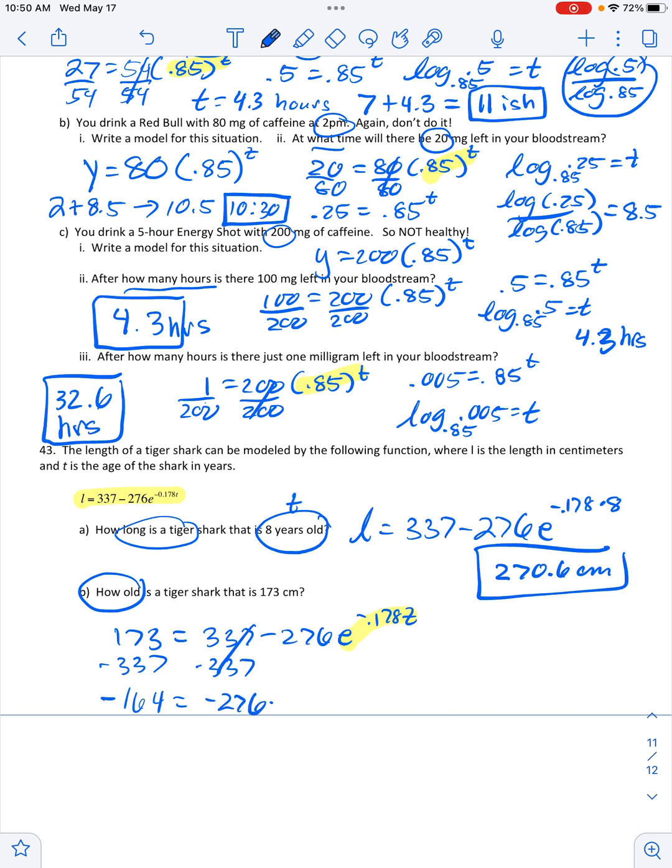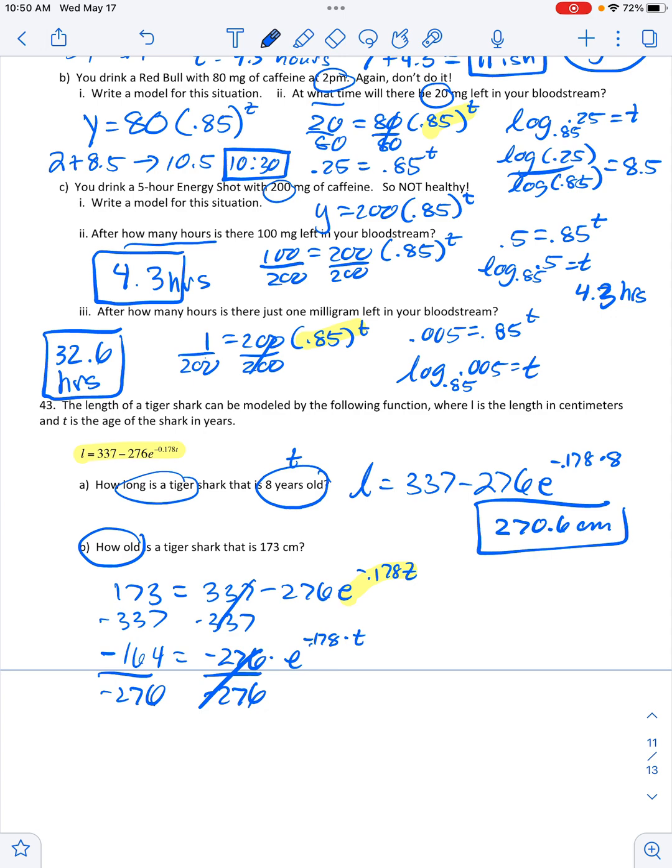But I still have negative 276 times the power part. So I'm going to divide by negative 276 because I have to get that power part alone. So when I do that, I had like 0.594-ish.